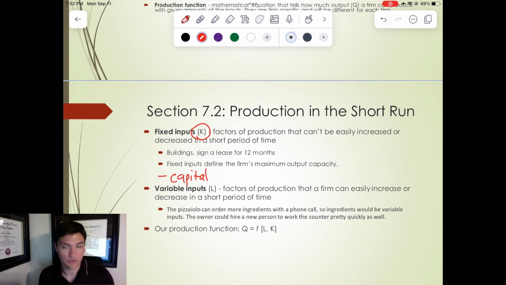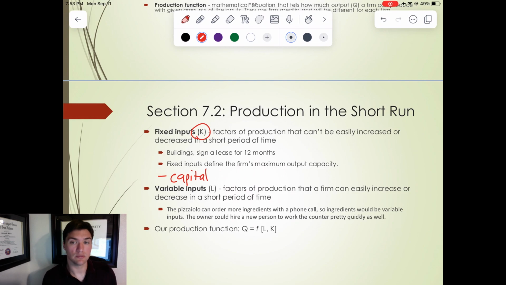And then we're going to have variable inputs, which are the things that you can easily change. If I wanted to lower my cost on a pizza, I could just take off some of the pepperonis. If I wanted to increase my cost, I could put more pepperonis on. If I wanted to decrease my cost, I could hire fewer people. If I wanted to increase my cost, I could have 5 people working on 1 pizza. So we really could do that.